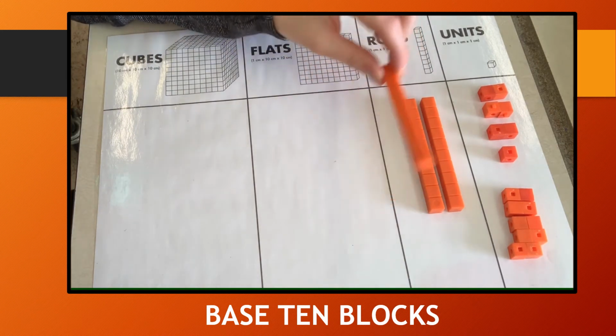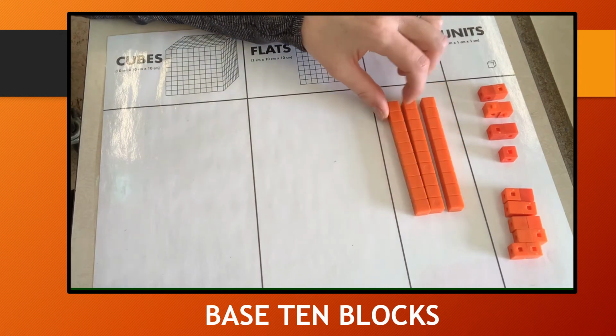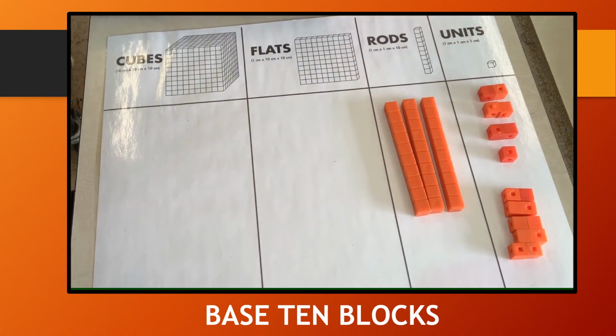So I mean, we can take this apart and regroup and build more ones until really we have 47 ones and no 10s left. So we spend a lot of time building numbers and taking numbers apart this way to really understand that there's many ways to create and represent a number. So it gives them way more flexible thinking around numbers.